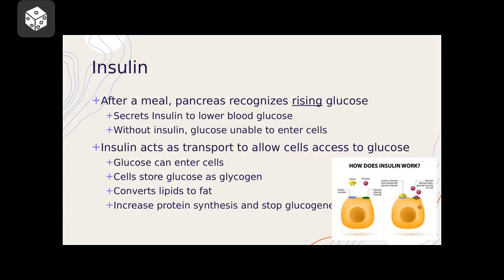Remember, they tuck it down there in the liver in case glucagon needs it. They also can convert some extra lipids into fat, and they can increase protein synthesis to stop gluconeogenesis. So these proteins, the carbs, the glucose, they all get used up by the body. By making new proteins, they're stopping the breakdown of stored glucose in the liver. So insulin's doing all of these awesome things.